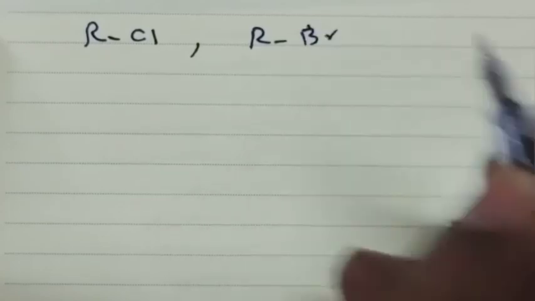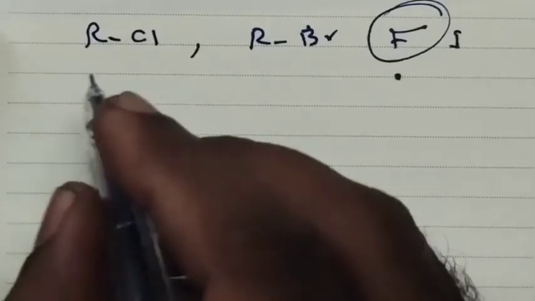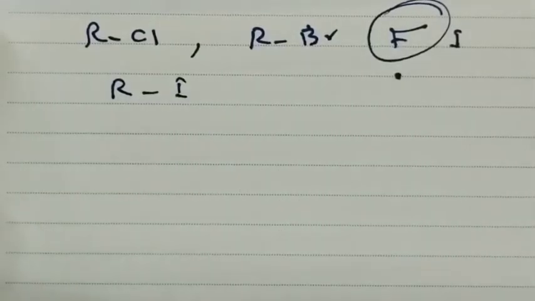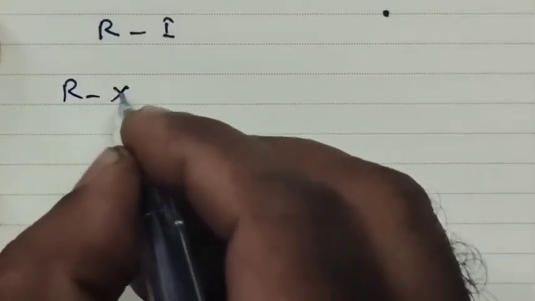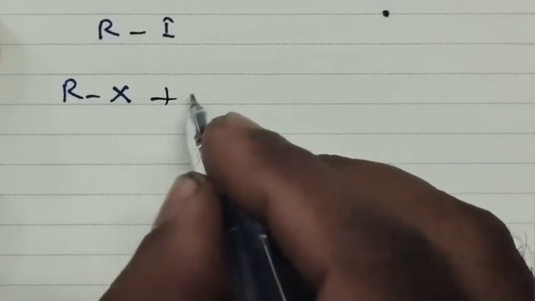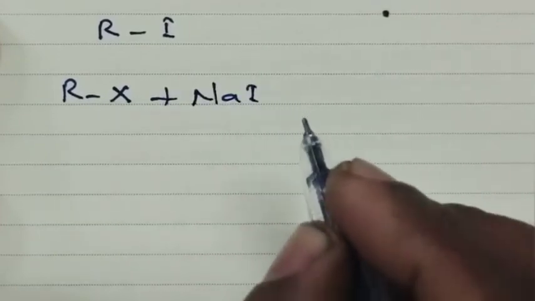Mostly we are preparing alkyl chlorides, alkyl bromides and alkyl iodides. Alkyl iodides are prepared by a method when an alkyl halide is treated with sodium iodide.